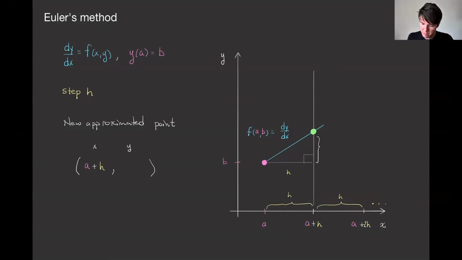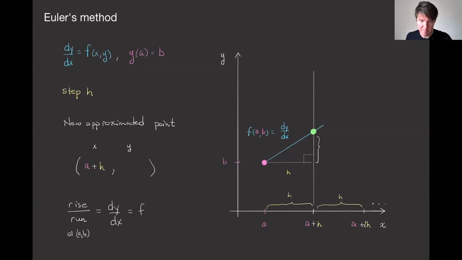Now we can do a computation on the side, where we notice that the rise over the run is the same thing as dy/dx, which is the same thing as f at this given point. So this should be rise over run at the point (a, b).